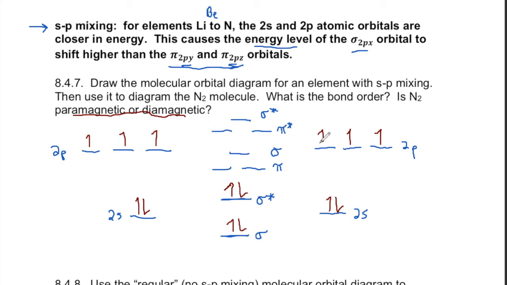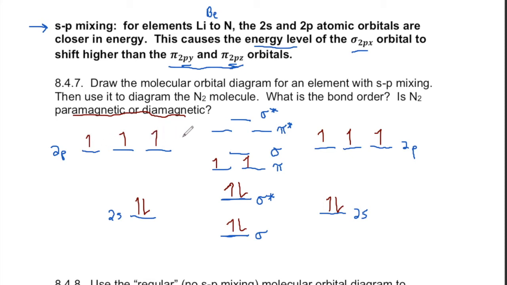Then we have 6 more electrons that are in the p orbitals, so we'll bring them together and put them in here. 1, 2. Remember, whenever you have 2 orbitals that are the same energy, you go ahead and put 1 electron in each of them before you go back and double up. That's what we did in these atomic orbitals.